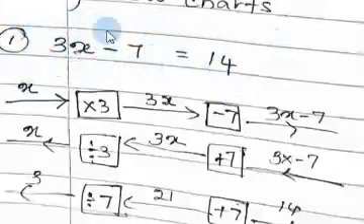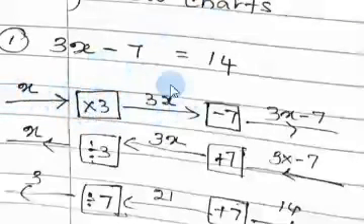So first of all, if you are given that kind of sentence, subtract 7 from 3 times x, you should start to build the equation from 3 times x. So x here, you multiply it by 3, then you get 3 into x, 3x.